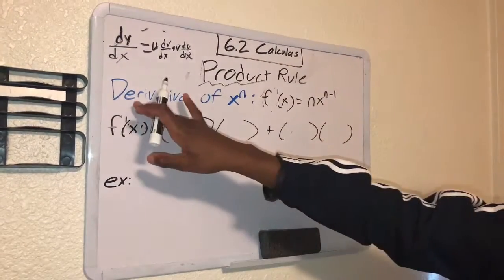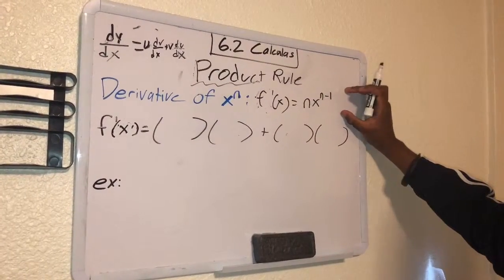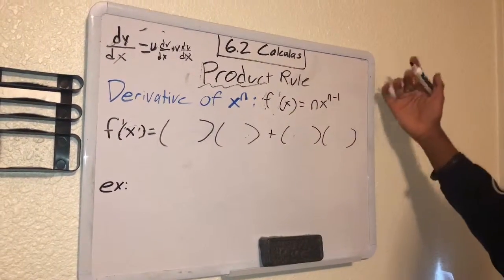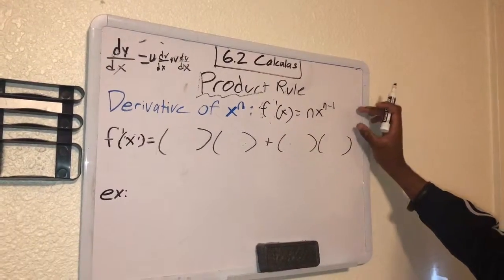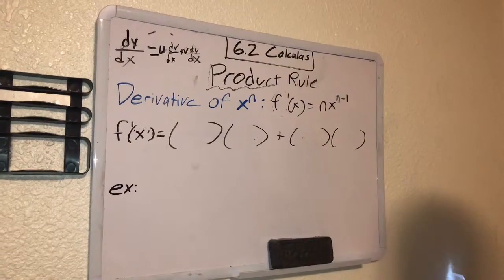And we're going to keep the basic differentiation over here because it's applied in the chain rule, product rule, and quotient rule, since that's how you differentiate the basic x to the power of n.